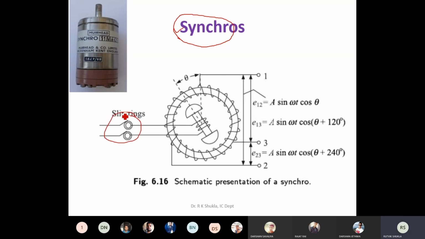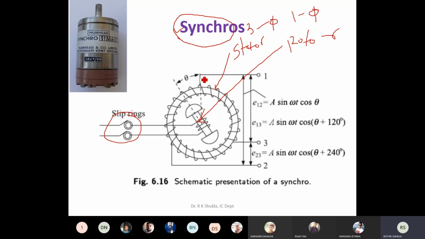This is the primary side which is supplied through slip rings. Then it goes to this arrangement. This is a rotor which has a single phase winding. While on the output, on the other side, you have a stator which has a 3-phase winding, which is displaced from each other by 120 degrees.